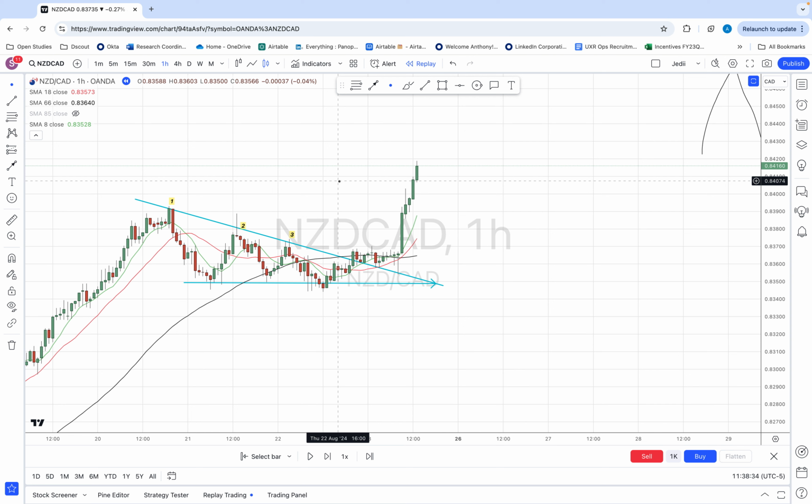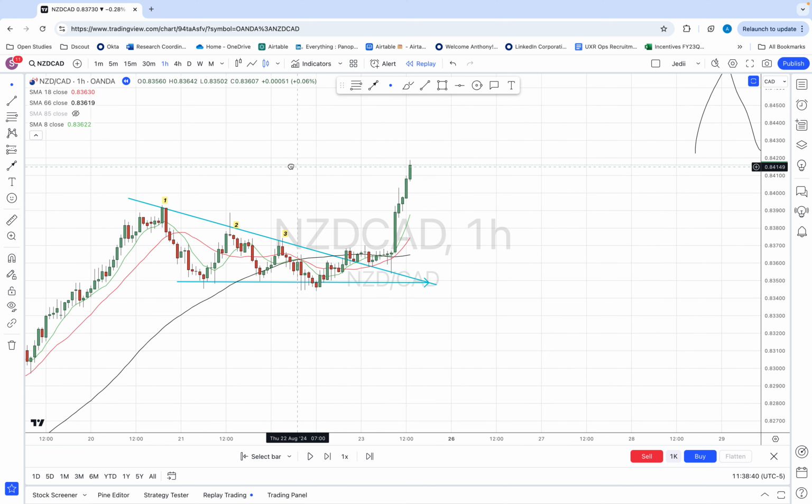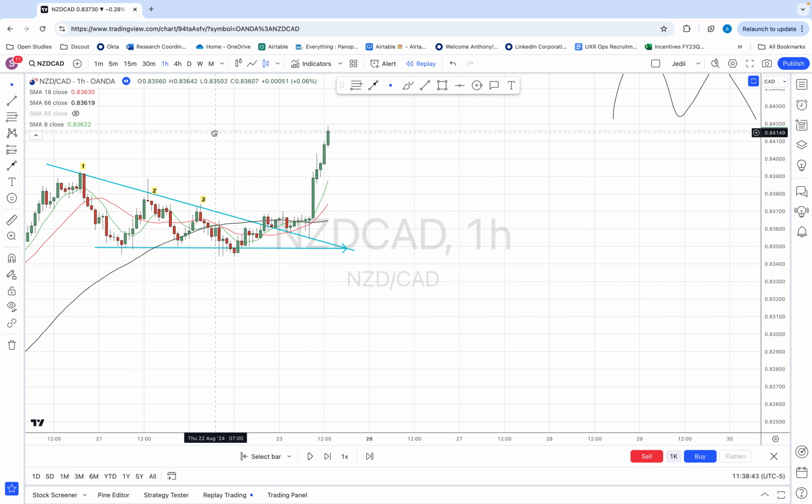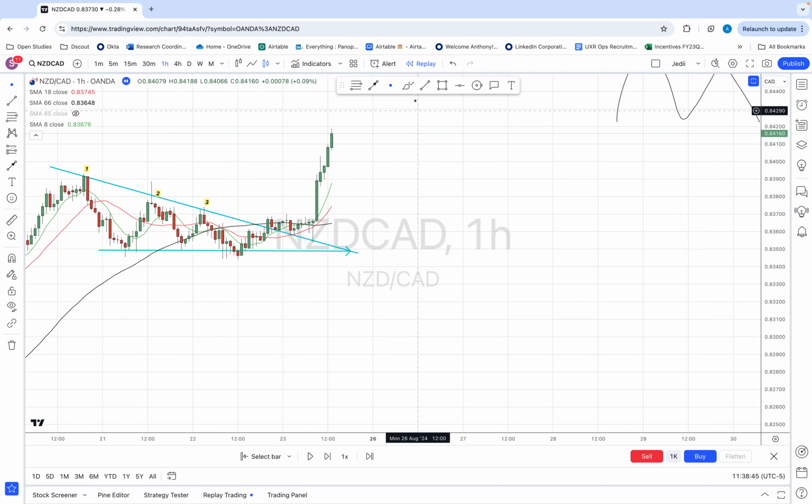Now, I'm going to move on to triangle formations because this is a perfect example where we should transition into the triangle formations. So there are three main triangle formations, okay?